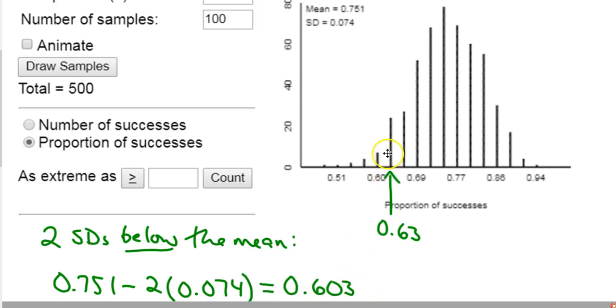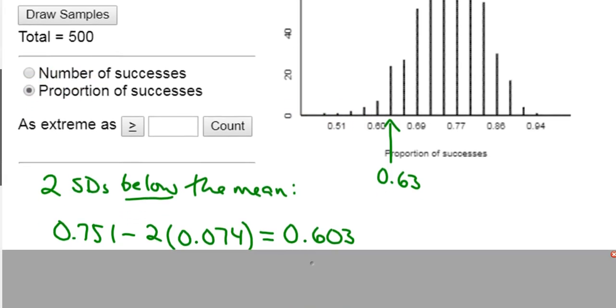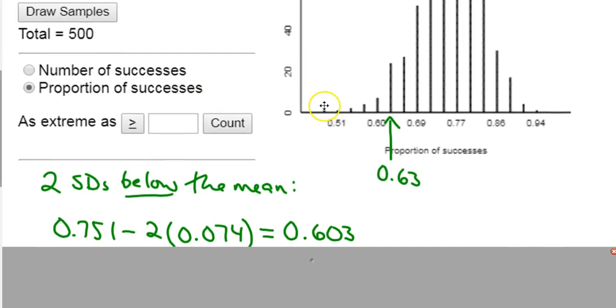So because 0.63 is within 2 standard deviations, we don't consider it to be significant. It needs to be really strange, really unlikely, like out here, to be considered significant. So your conclusion might be similar, or it might be different. You might have a number that's outside 2 standard deviations, be something that's pretty unusual.